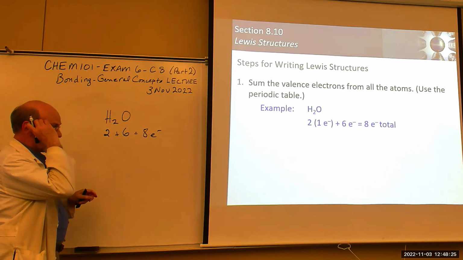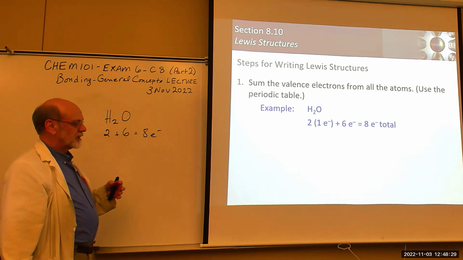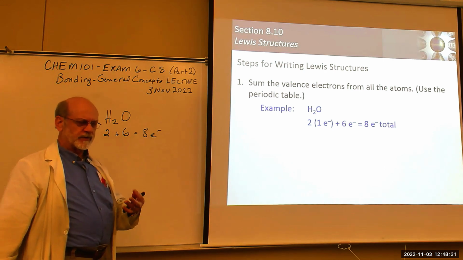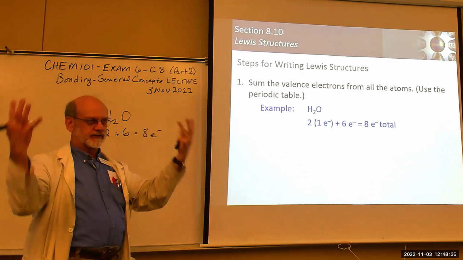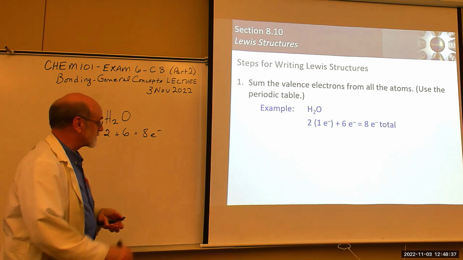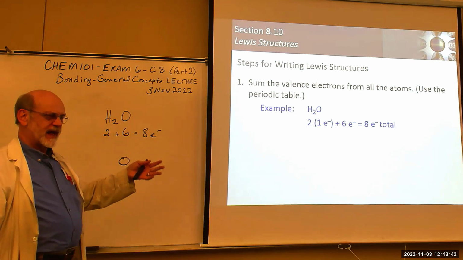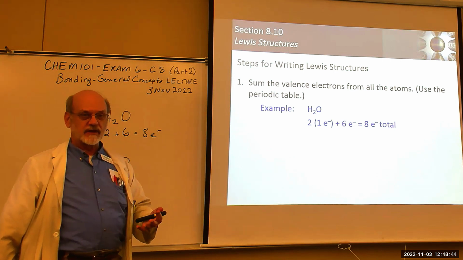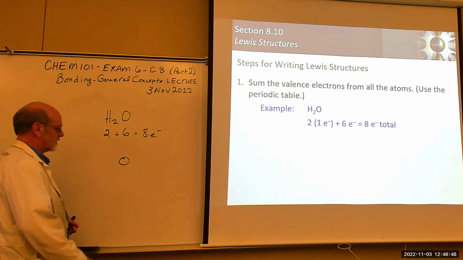Now comes the tricky part. When you draw the structure, we're going to try to keep them simple in the beginning. Molecules that only have 1 central atom and everybody else is around. So in this case, we're going to put oxygen in the center. That one's an easy one actually, because hydrogen can't be in the center because it can only form 1 bond. So it has to be oxygen in the center.